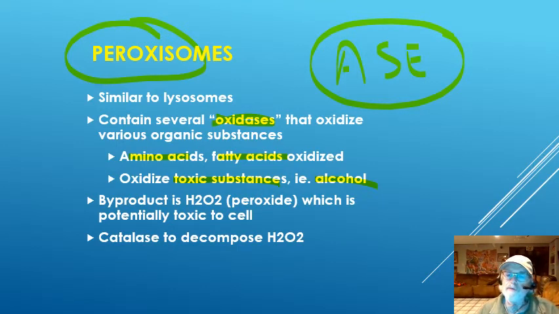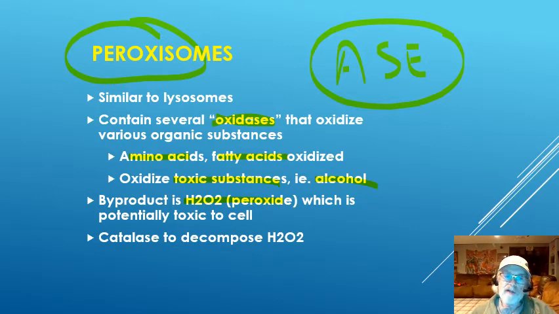Here's one of the problems with peroxisomes: the byproduct is peroxide. I put peroxide on my wounds when I get a cut, a boo-boo, and it bubbles up and looks nice and cute. Well, actually, the peroxide inside the body is toxic, and it may cause cellular destruction. You don't want all this peroxide, because it will actually destroy a cell as well.